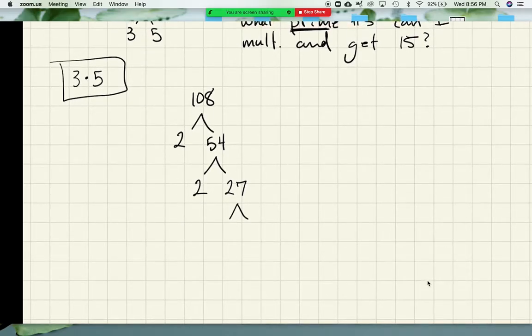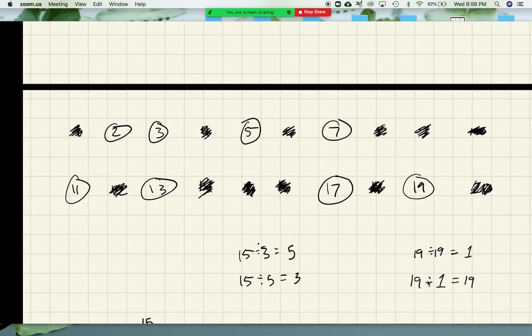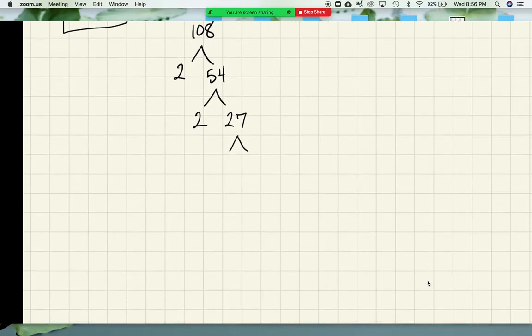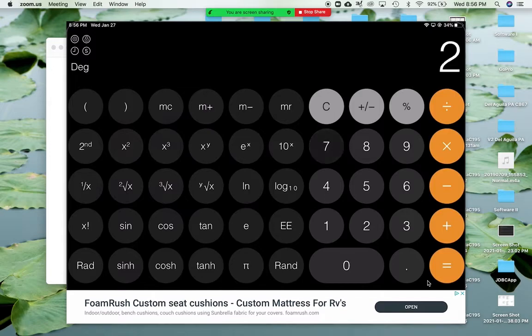What can I divide 27 by? It's not even, so I can't divide it by 2. I just start with the smallest prime numbers. I try to divide by 2, then by 3, then by 5, and I just keep going until I find something. So for this one, I'm going to try 3. 27 divided by 3 is 9.